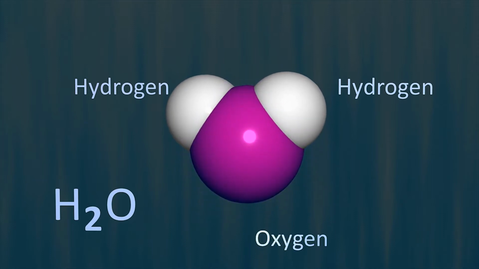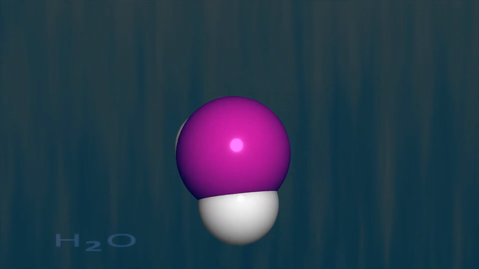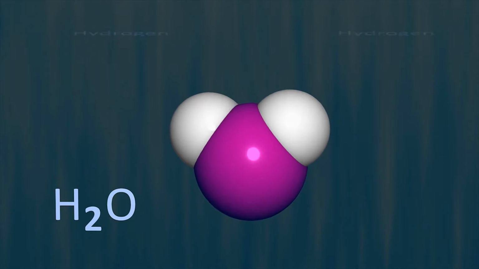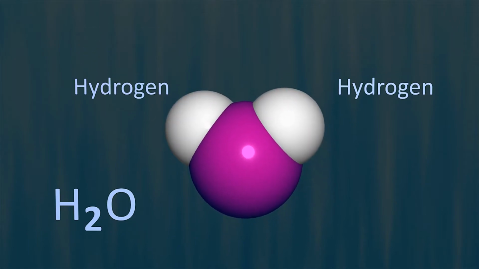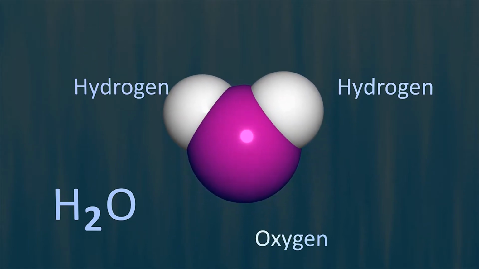H stands for hydrogen, and the 2 means that there are 2 hydrogens. Okay, 2 hydrogen atoms, and O stands for oxygen. So a molecule of water is nothing more than an atom of oxygen snapped together like Legos with 2 atoms of hydrogen. And that's all water is.